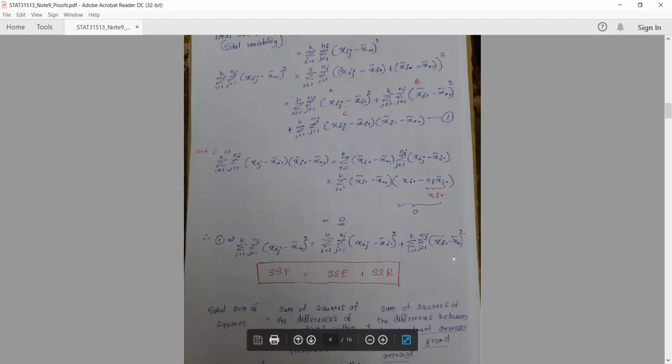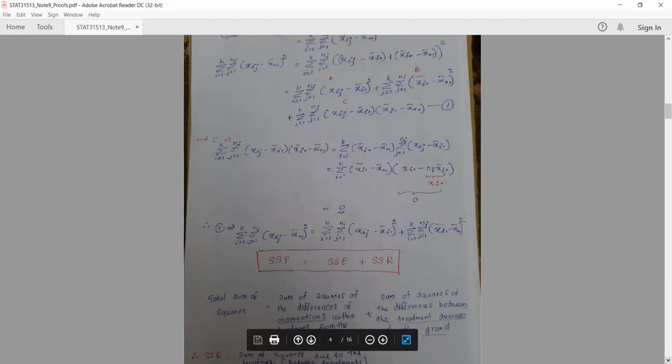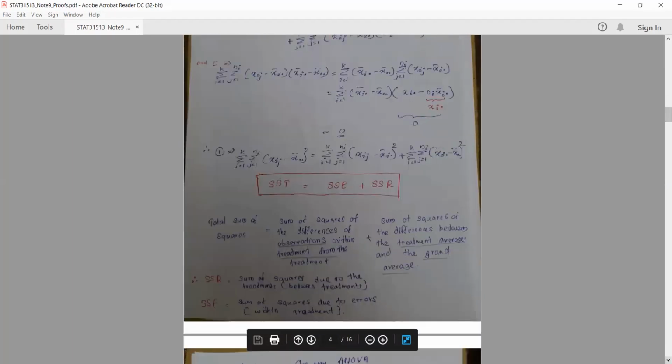And the regression sum of squares, here we have xi dot bar minus x double dot bar squared. If you look at the regression sum of squares, you can see it's independent from the index j. So you can write this summation where i goes from 1 to k, ni times xi dot bar minus x double dot bar squared. So we are going to use these terms in order to analyze the completely randomized design.